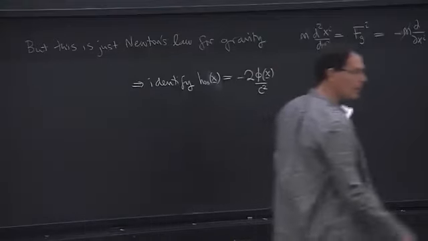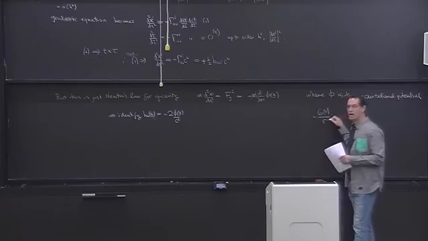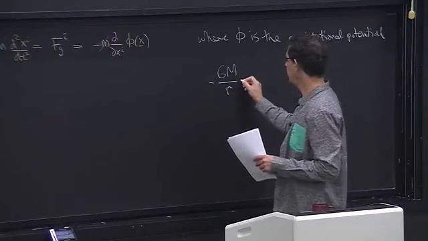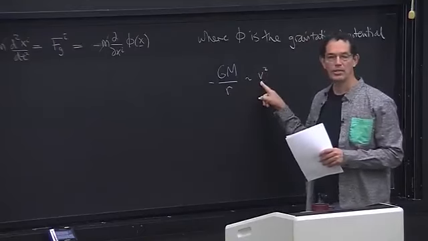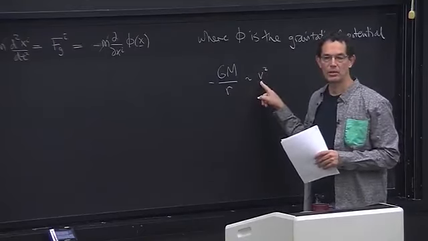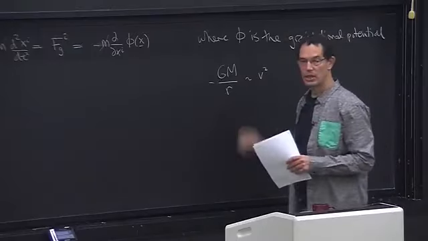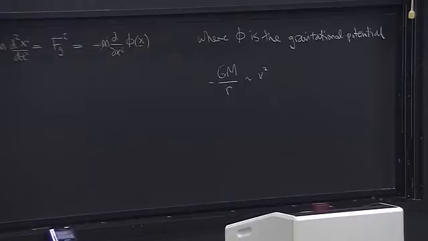And if you think about dimensions, gravitational potential is always something like GM over r, and dimensionally this has dimensions of velocity squared. You remember for circular orbits, for example, you get an equation like this. So phi has dimensions of velocity squared, so phi over c squared is dimensionless.